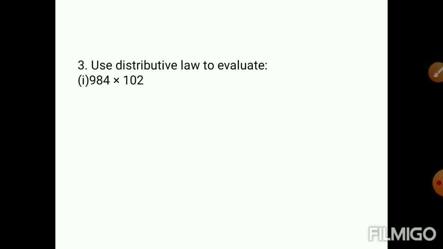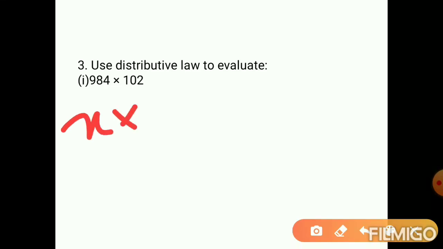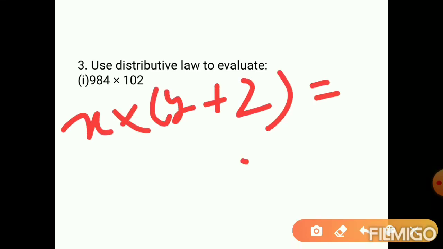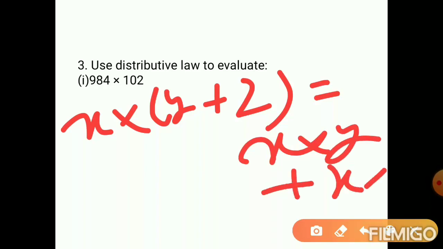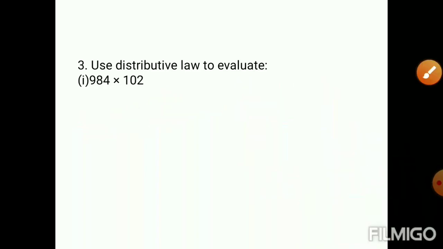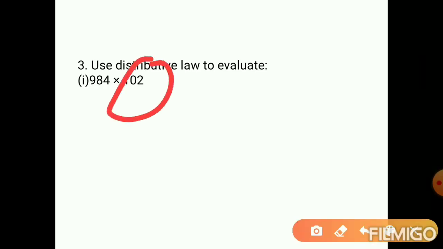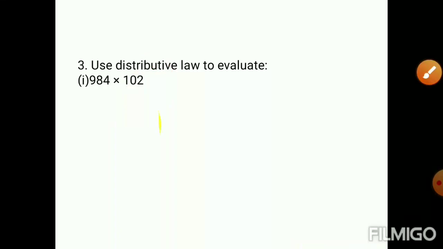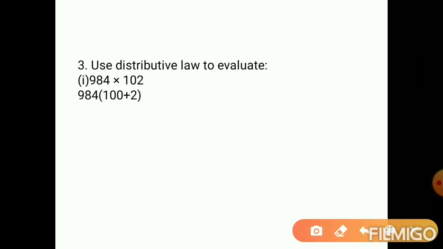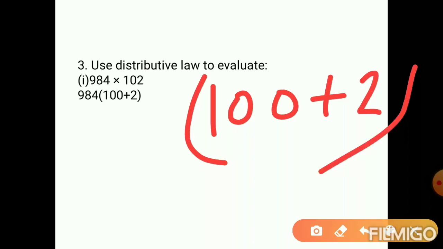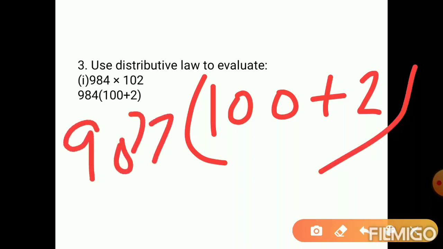Now the next question is use the distributive law to evaluate. And what is the distributive law? The distributive law is x into y plus z equals x into y plus x into z. Now here you have to make one number in the form of y plus z. So 102, break this 102 into two numbers. We will write it as 100 plus 2, and 100 plus 2 is 102, and x is 984.